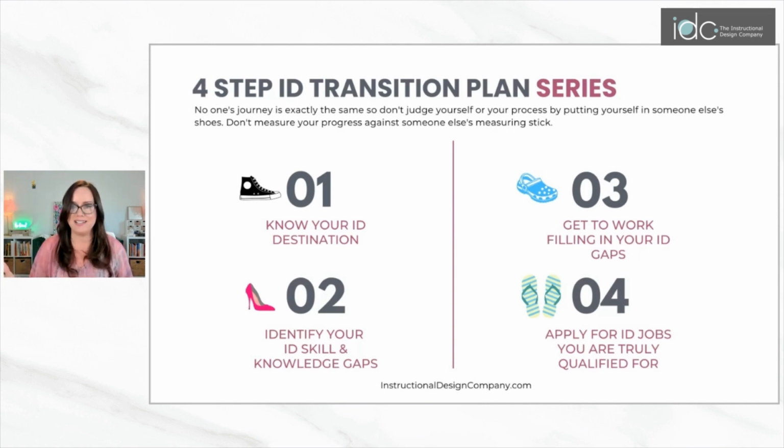And then after you've identified those, you're going to get to work on filling in those gaps, right? Where you are today versus where you want to go, fill in that gap so that you get closer to your goals. And then step 4 is applying for jobs that you are truly qualified for. So in the very simplest of forms, that is our 4-step instructional design transition plan.